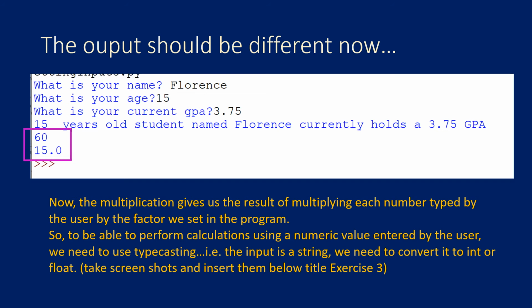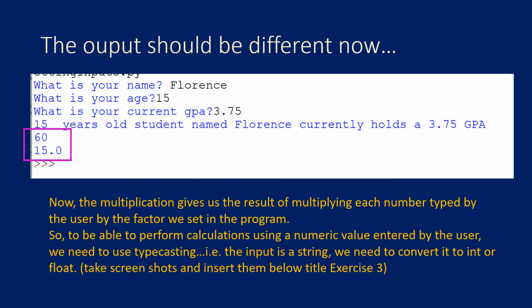So now the multiplication gives us the result of multiplying each number typed by the user by the factor we set in the program. You can run it again on your own and change the value of the factor and you can see that the multiplications give you different results.